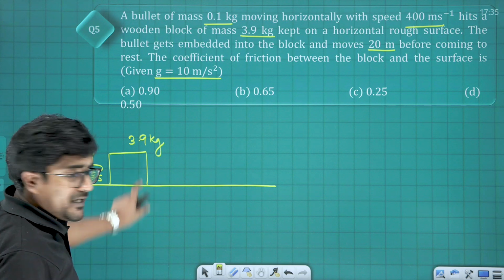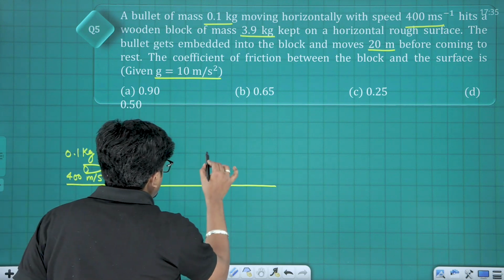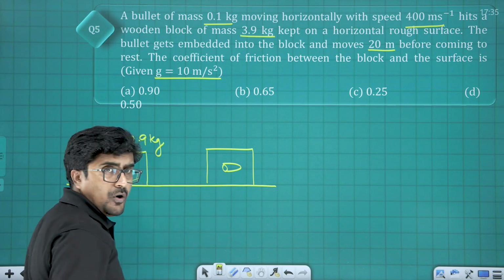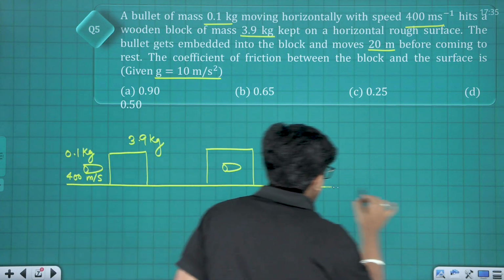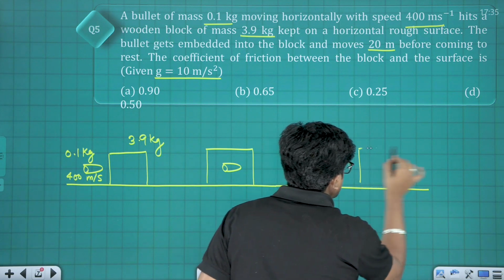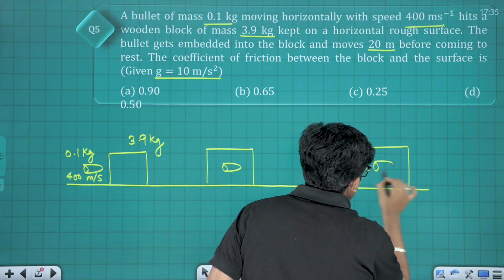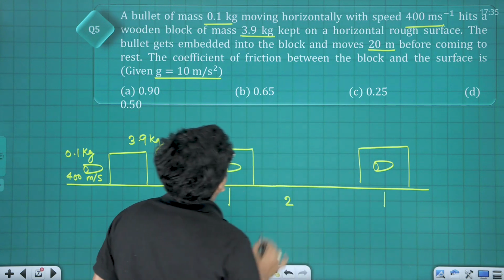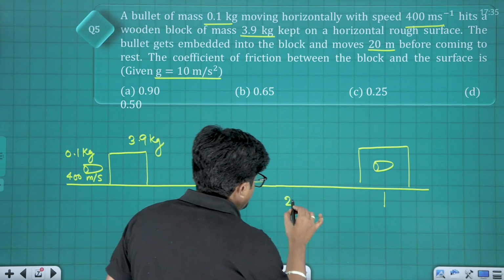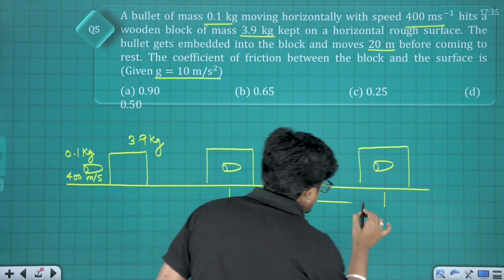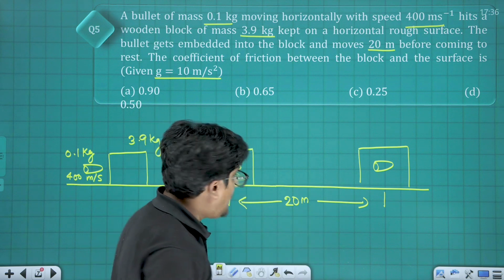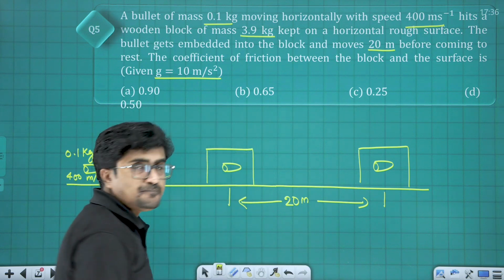Now in the next scene, this bullet is going to get embedded into the block, and now it will travel through some distance. What is the distance traveled? Distance traveled is 20 meters, coming to a state of rest. Now the question is, what is the coefficient of friction?